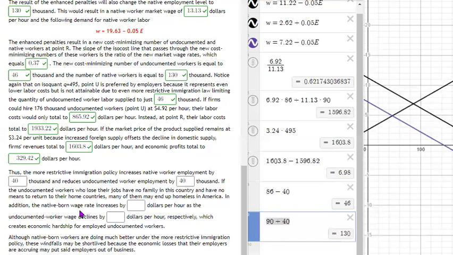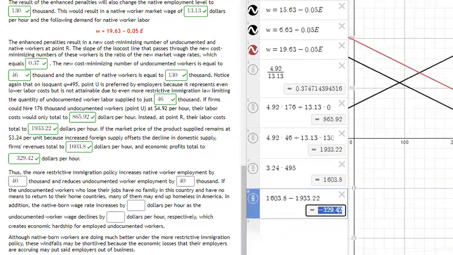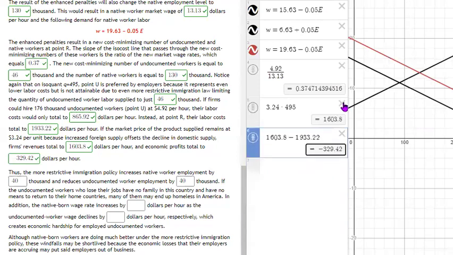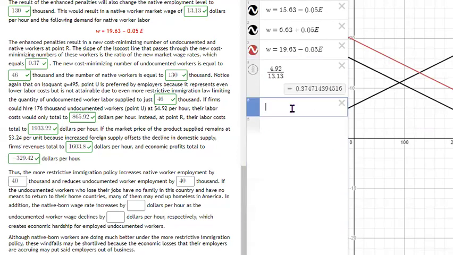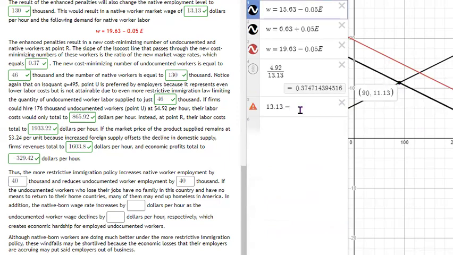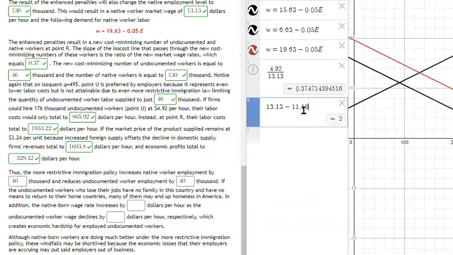In addition, the native-born worker wage increases by what? The native-born worker wage increased to $13.13 an hour from, what was it originally? It was originally $11.13, right? So it increases by $2 an hour.